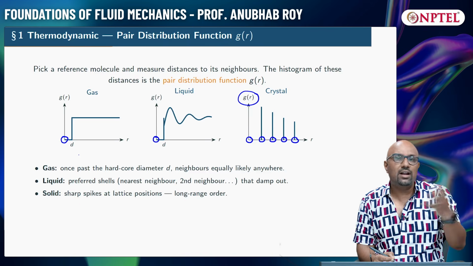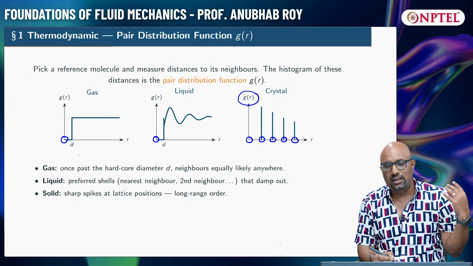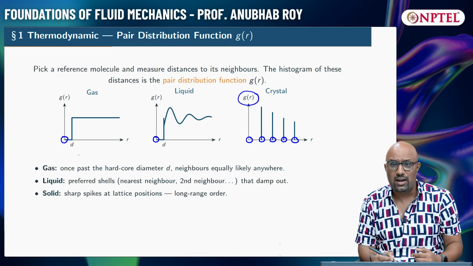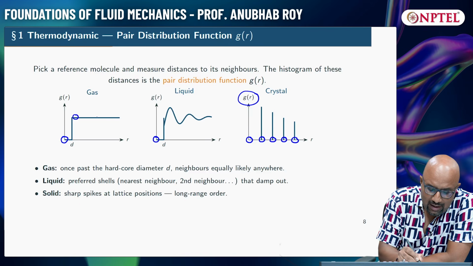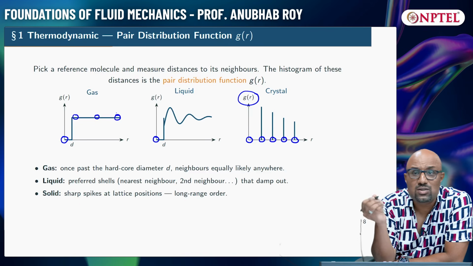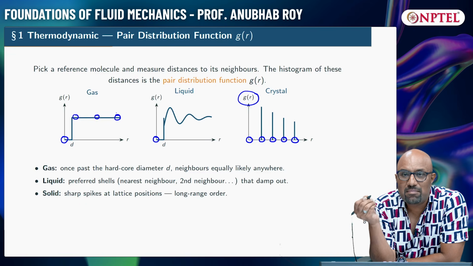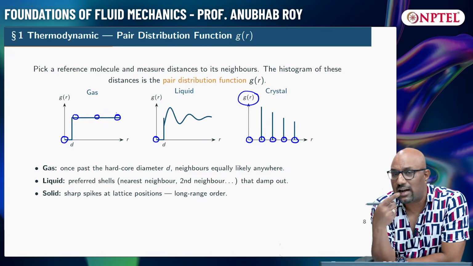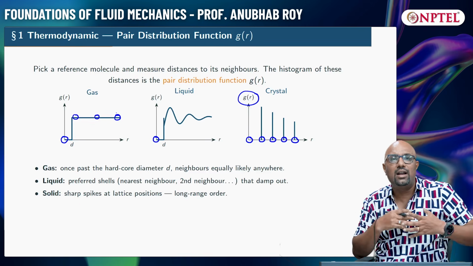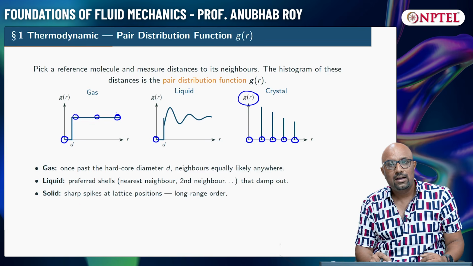Now, if all your classmates were randomly moving around, the probability of finding a neighbor at any distance would be the same. It doesn't matter. As long as they don't come and sit on top of you, you can find a classmate anywhere because they are all in a highly disordered state.